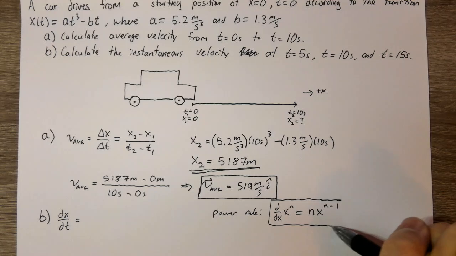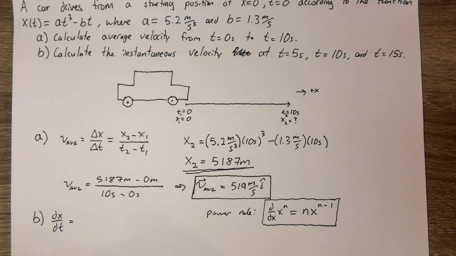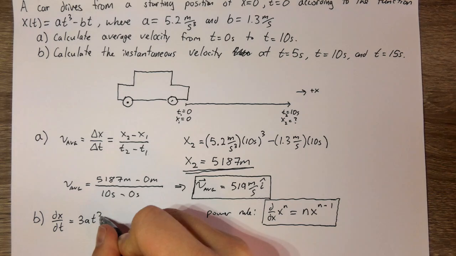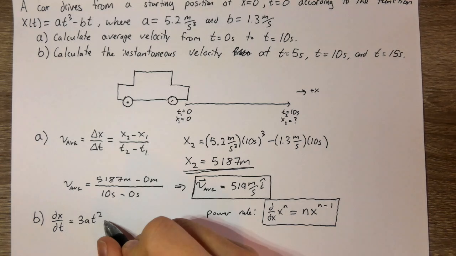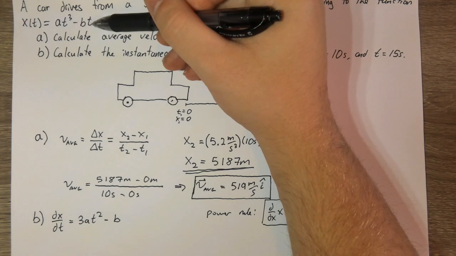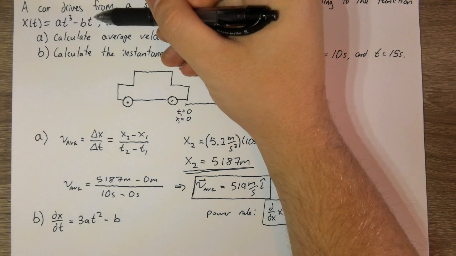So that is the power rule we're going to apply to this equation, which gives us 3at squared. So we're pulling the 3 out front and subtracting the 1, minus b. And so the variable goes away entirely in this term because this exponent is essentially a 1.